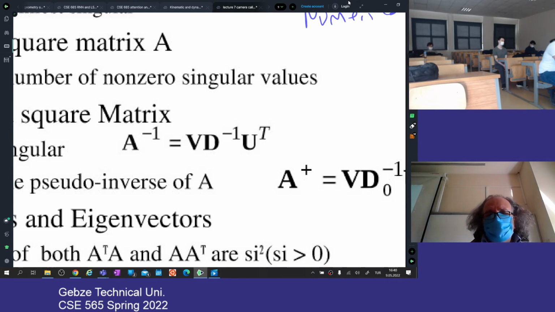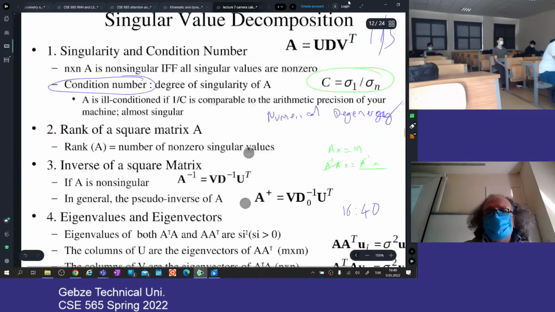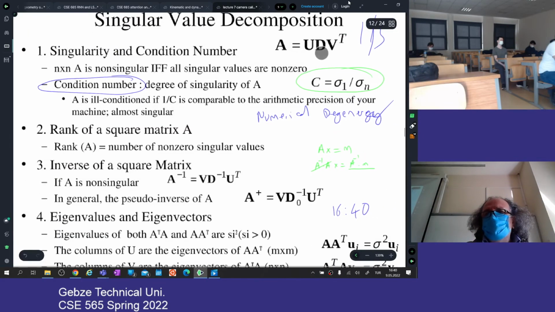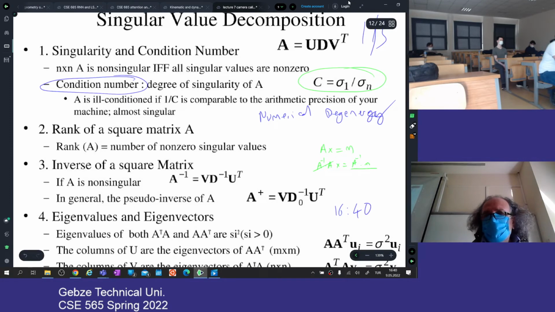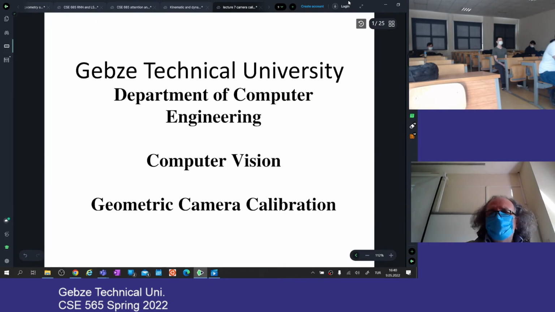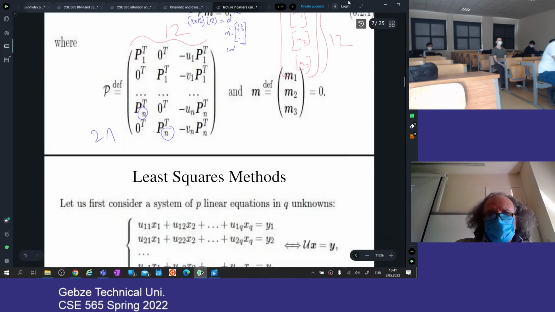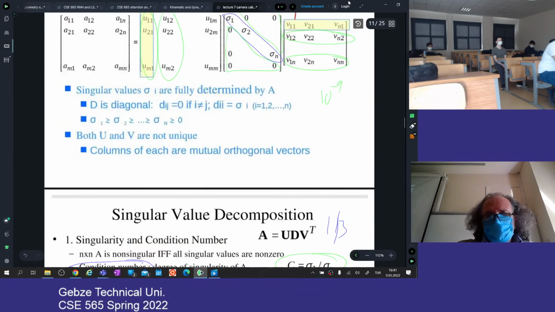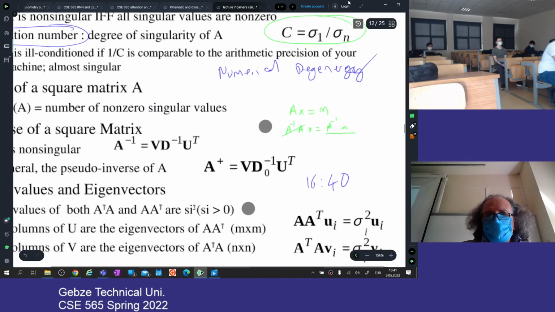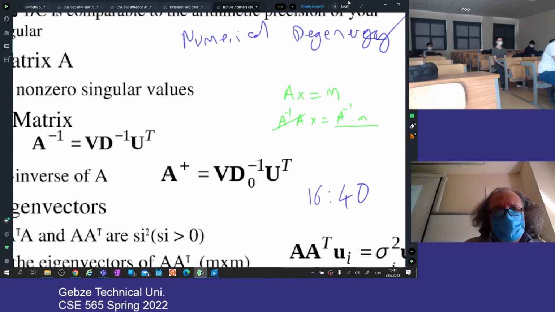So this is how you do the inverse of a matrix. You take the singular value decomposition, A equals U D V transpose.